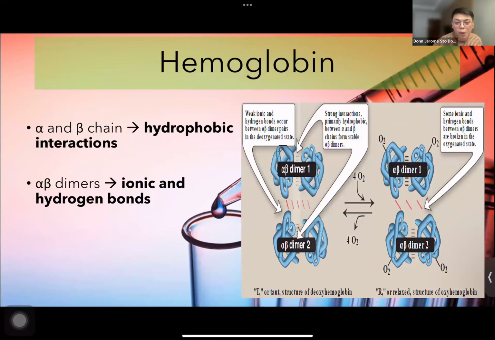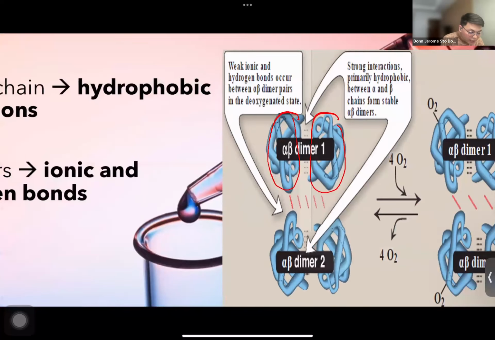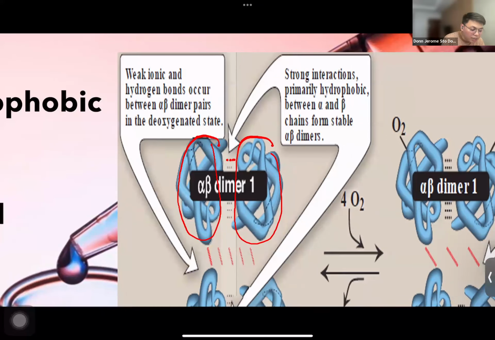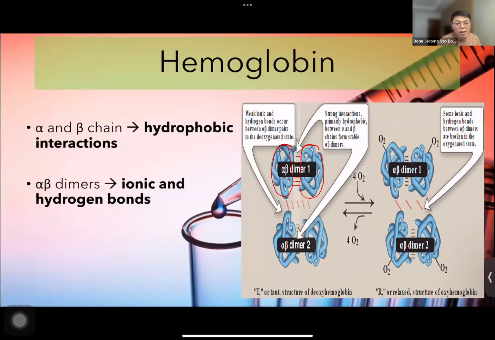Ito pa, probably one of the more important slides. What are the bonds that hold your hemoglobin together? First, between your globin chains, alpha and beta chain, it is stabilized by hydrophobic interactions. Nakikita niyo po yung mga dots? Those are hydrophobic interactions, thereby creating 2 dimers, AB dimer 1 and AB dimer 2.